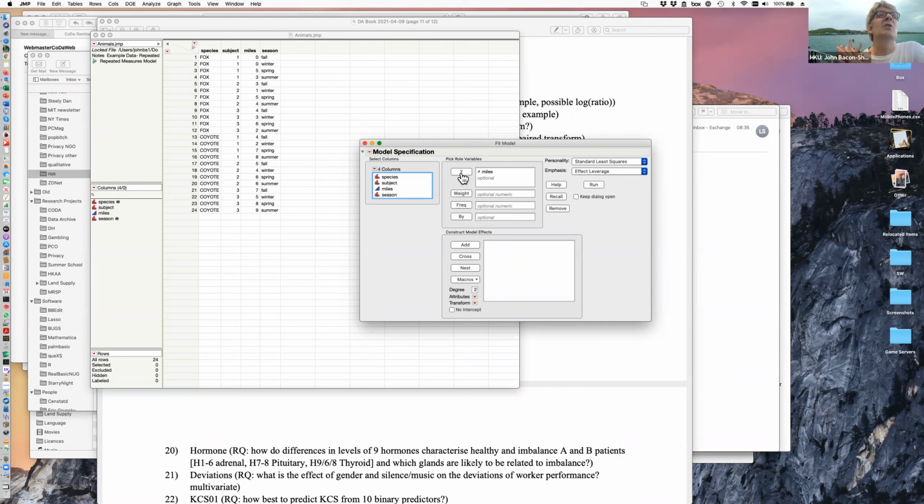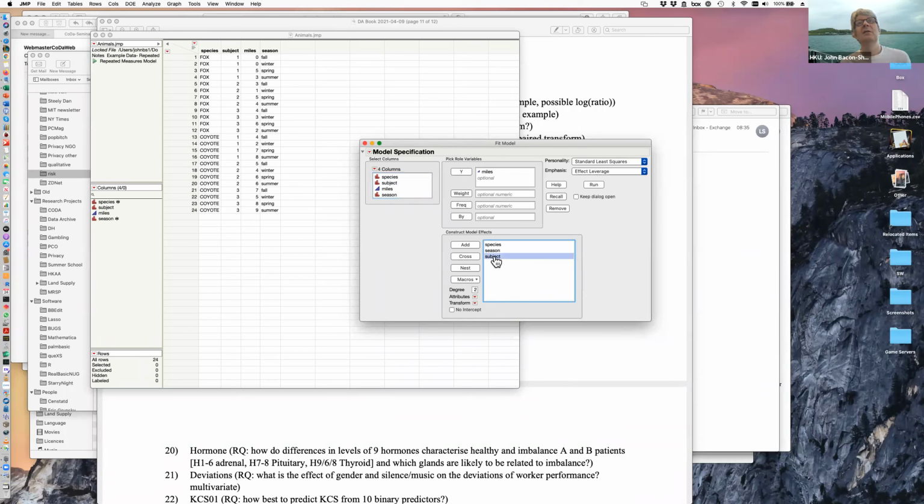They've either been rounded or truncated to an integer, which is a bit odd. What we really want to know then is how the distance depends on the species, how it depends on the season. We could even involve an interaction between those, but we know it also will depend on the subject.